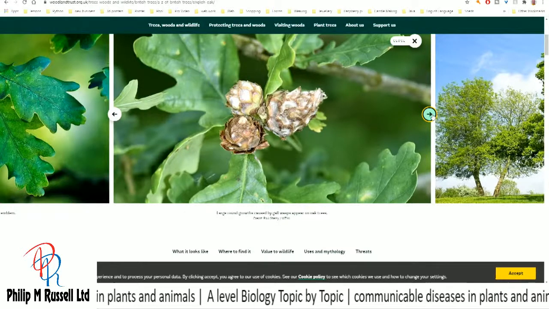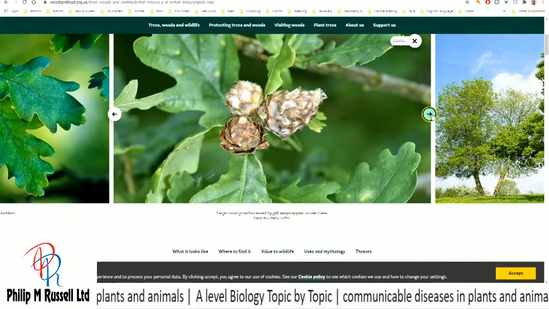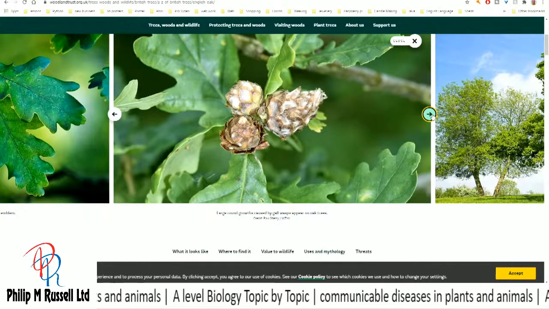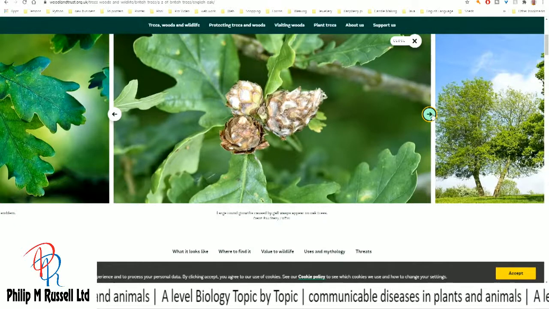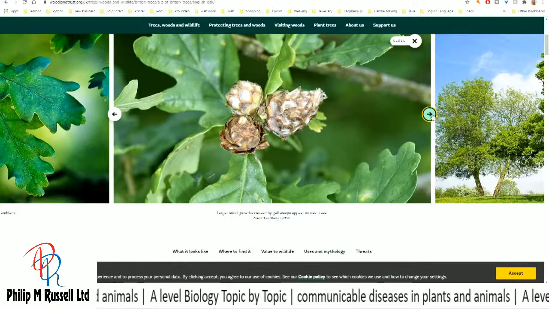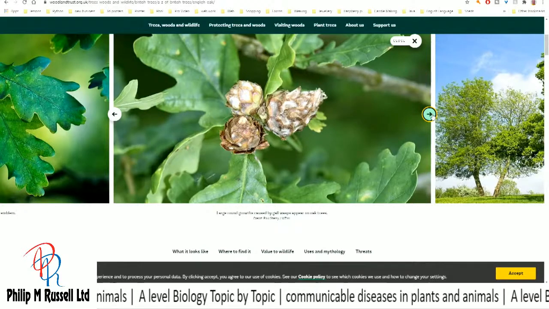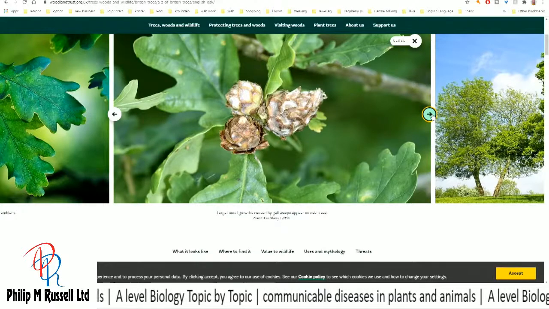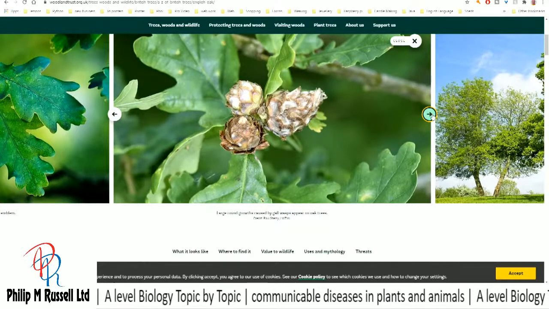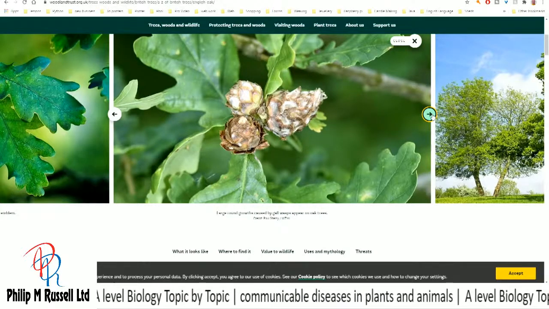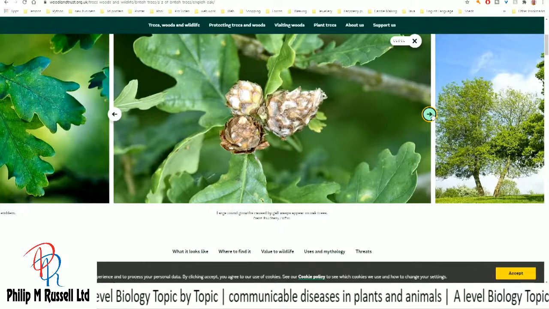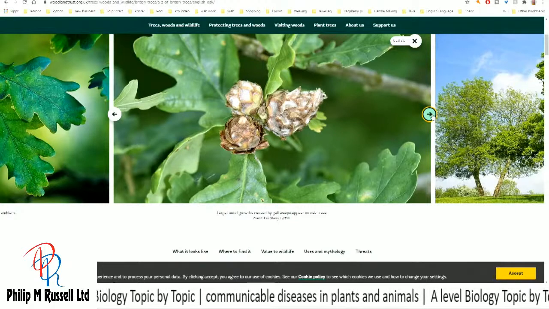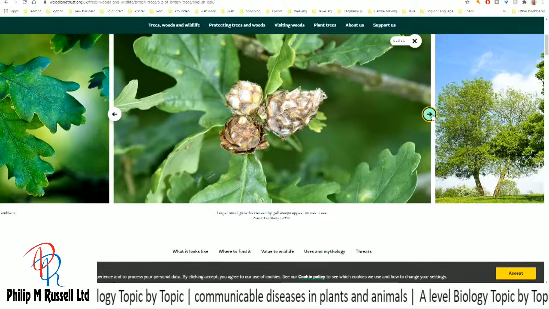And what we've got to try and do is study oak trees and the ones that are infected to see what's going on. So there are lots and lots of different diseases here, and we see various ways of trying to cure them. It's not particularly easy.